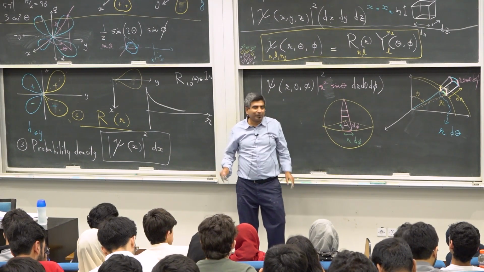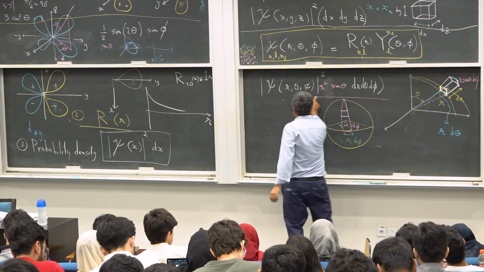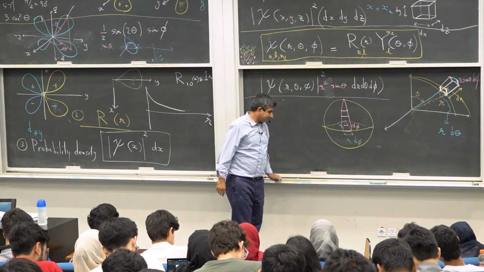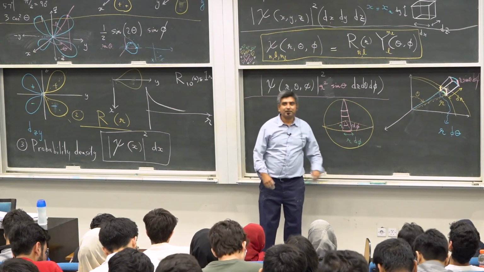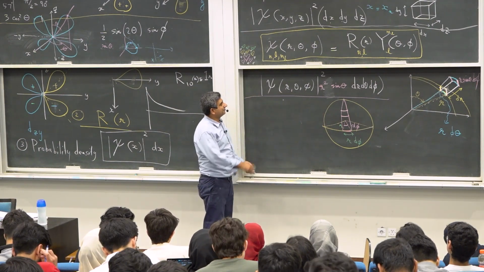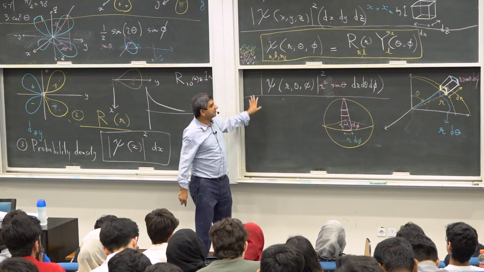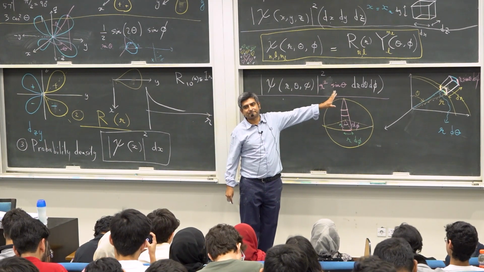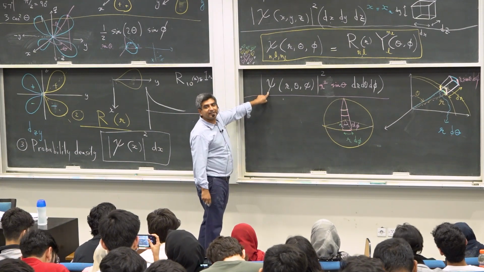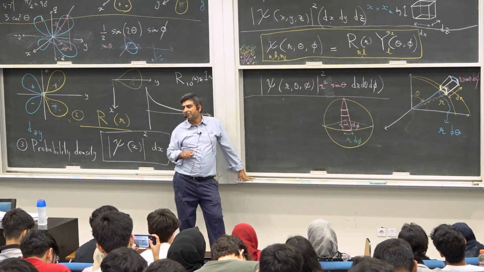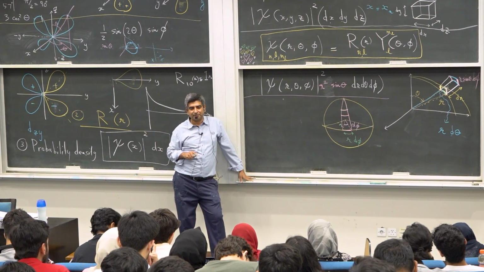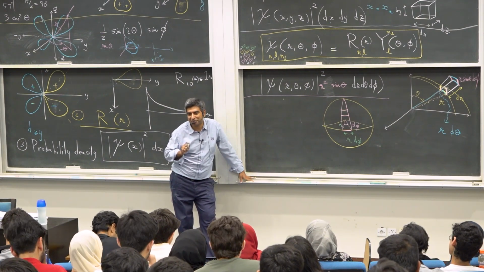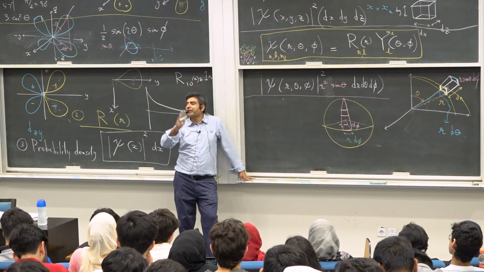All right, now let's look at a few examples. If I were to try to simplify this a bit further, let's look at this element. My psi is a product of R and Y. Correct? Now please pay attention. This is really crucial. This is the climax here.